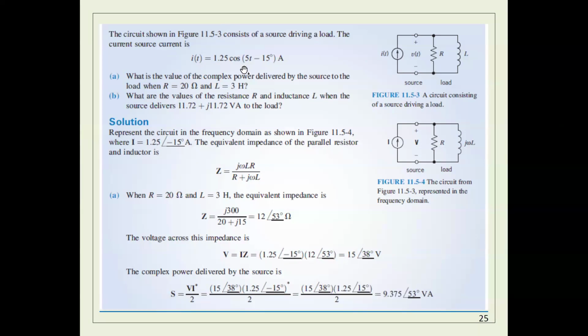Given the same current, I want to change R and L so that the delivered power will be this amount. So I give you the power, you don't know R and L, and you know the current. Always try to think about what you know and what you don't know. Now I know the complex power, but I don't know the impedance.